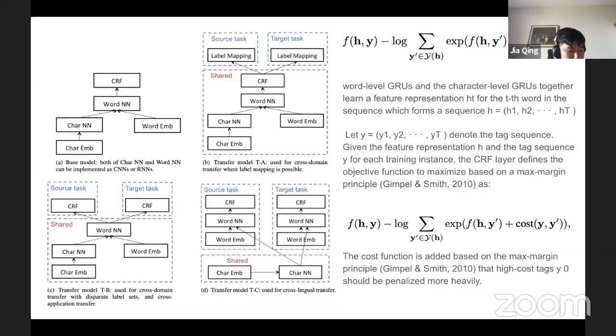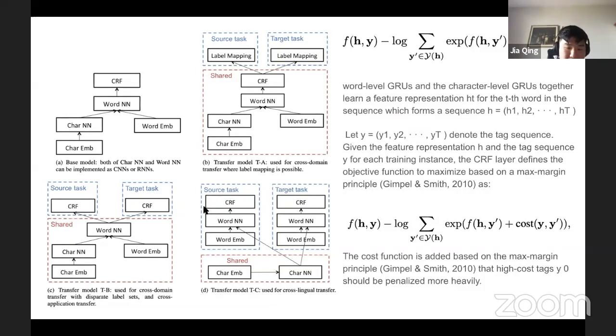So with a different application task, assuming that it's multiple applications in the same language, you can use this transfer model TD as well, where the representations from this word neural network can be fed to different CRFs to create different label sequences.